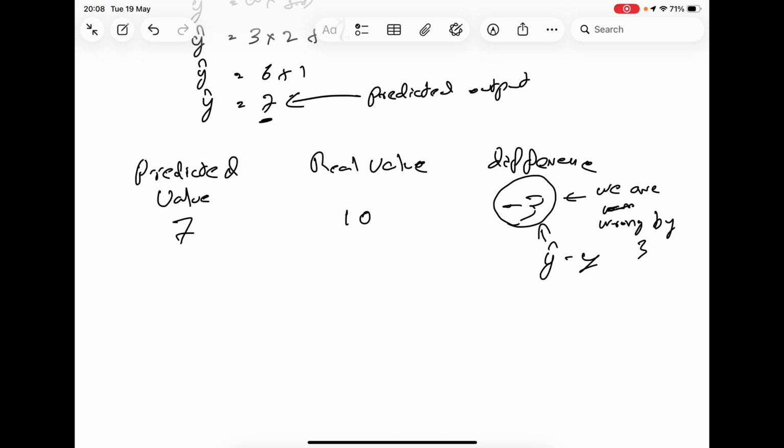Just saying we are off by 3 is not enough. We need one number that tells us exactly how wrong we are. That's the key point.